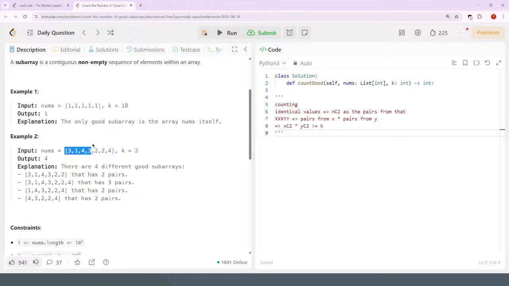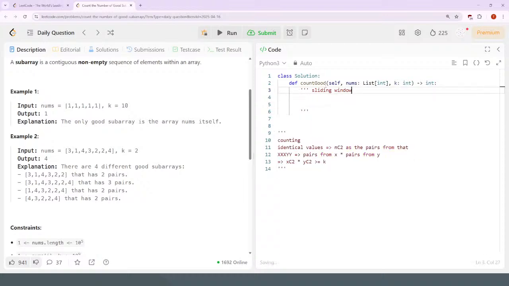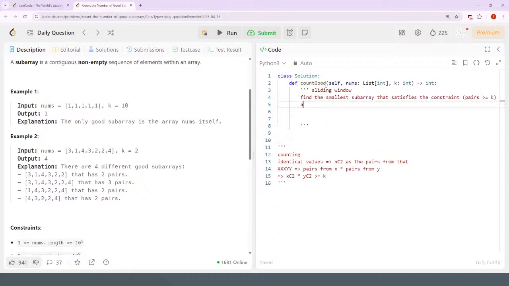So I think, okay, yeah, I'm going to try a sliding window. This is find the smallest subarray that satisfies the constraint, which is pairs greater than or equal to k, and all subarrays.